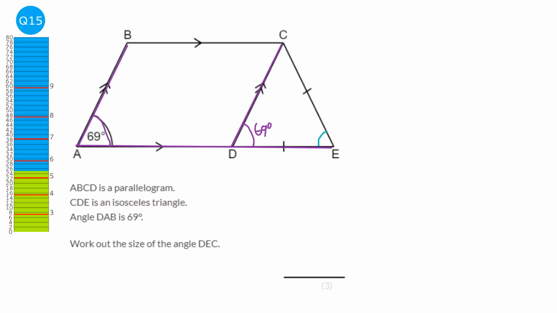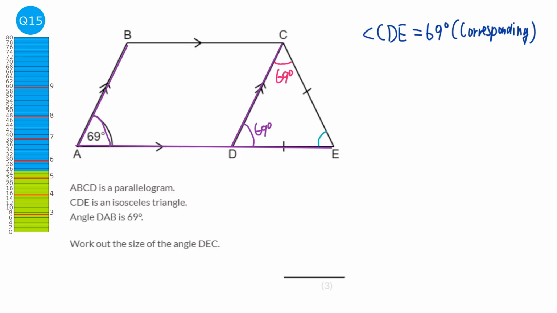So I need to write that down properly. So angle CDE equals 69 degrees, because of corresponding angles. Okay. So if I know that the CDE is 69, I also will know that this angle here is 69 because they're the bottom two angles in a triangle.